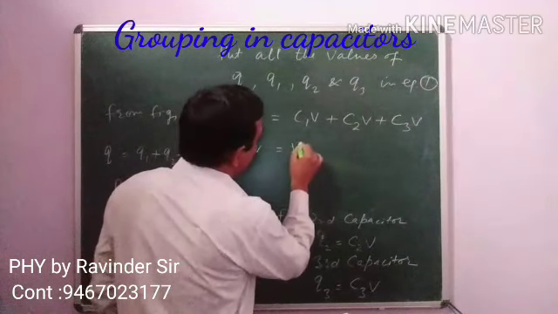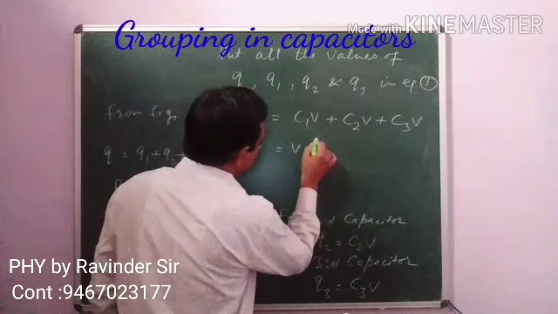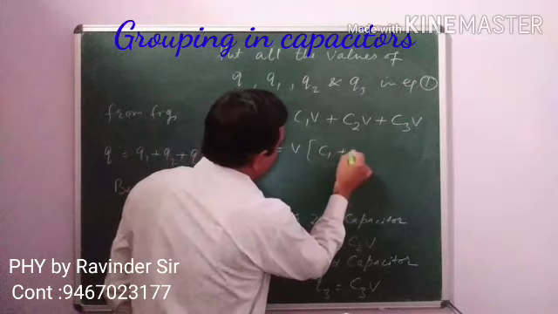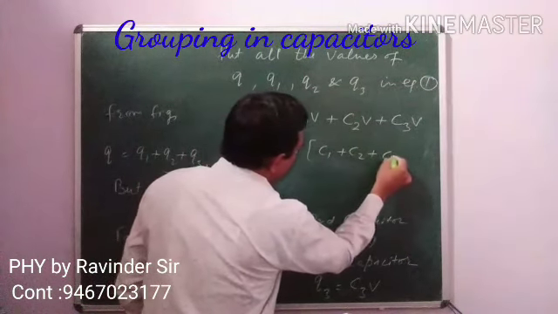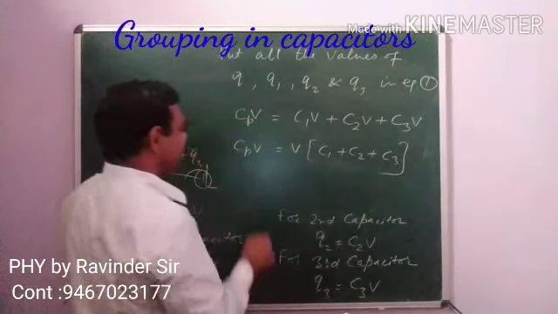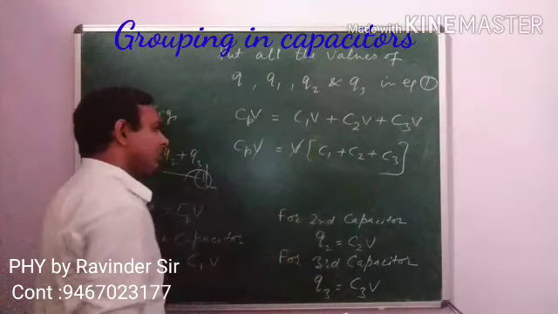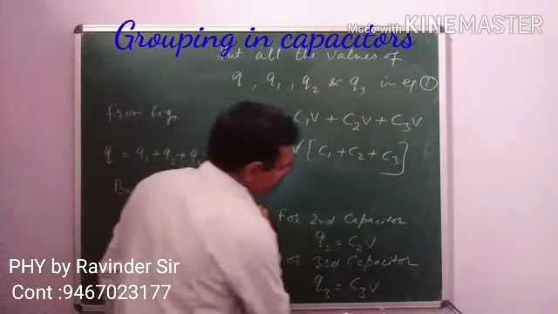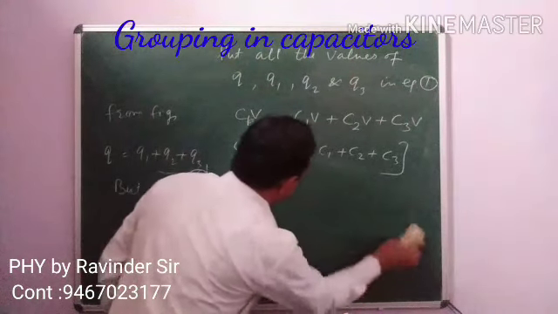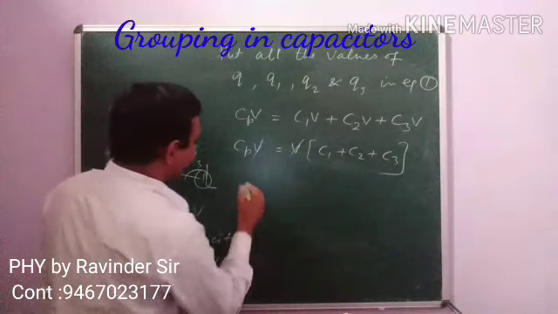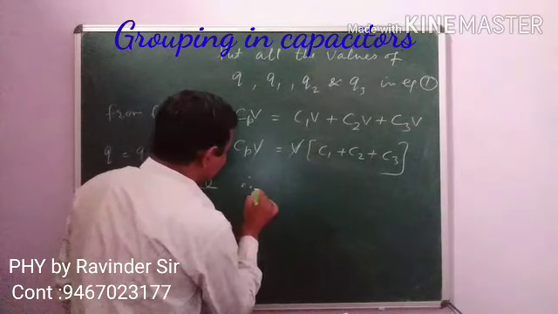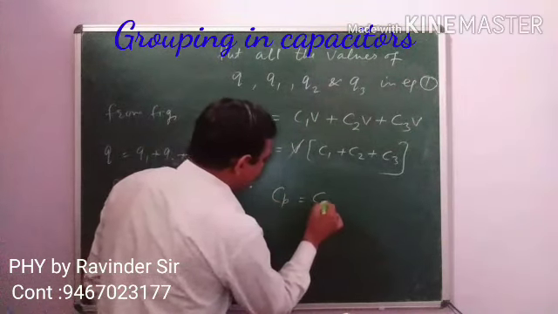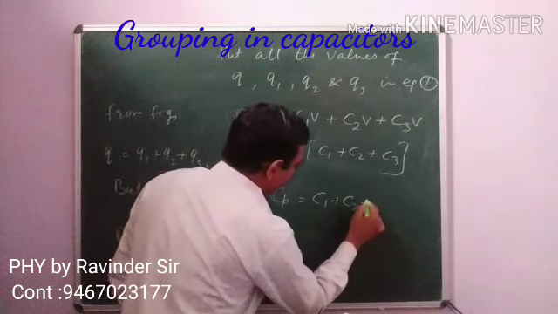Taking V common out, we can write, cancel out V by V. So Cp is equal to C1 plus C2 plus C3.